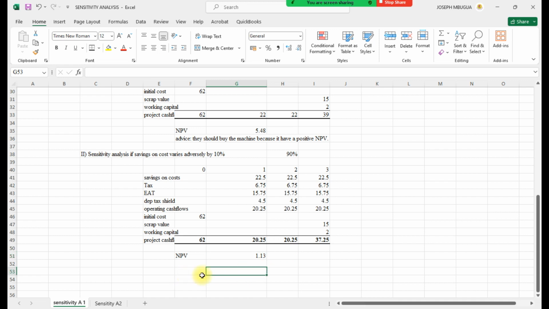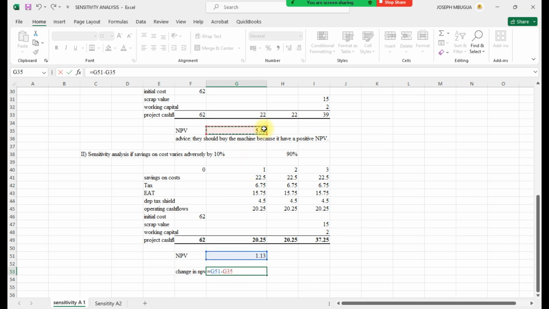But when you look at the percentage change in NPV, you will get that we shall have this, and we minus the initial amount that we had, divide by the initial amount.